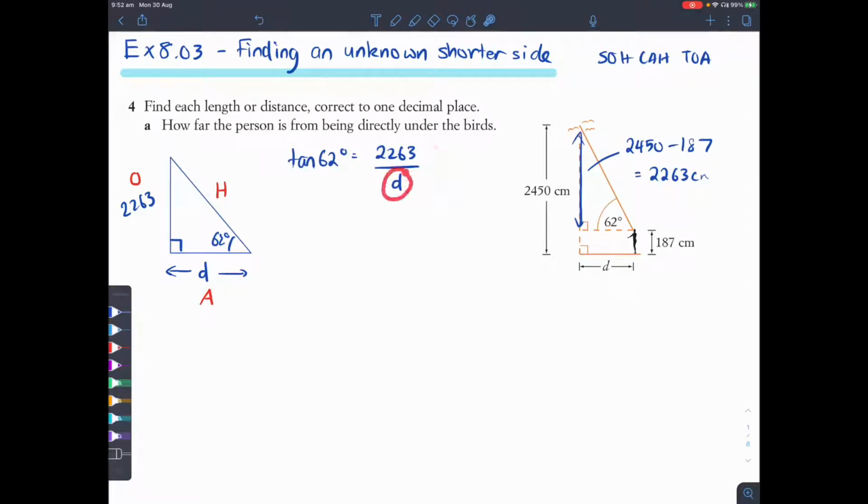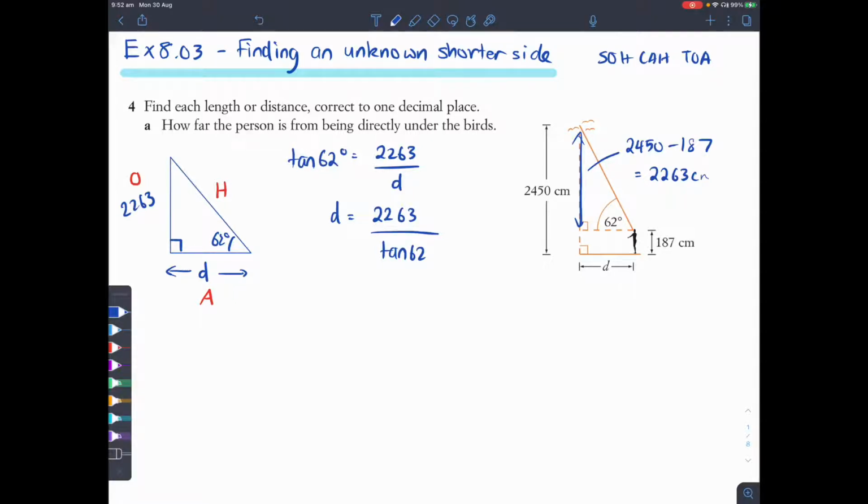If it is on the denominator, all we need to do is switch these two values around. So if we switch these around, we get 2,263 over tan 62.